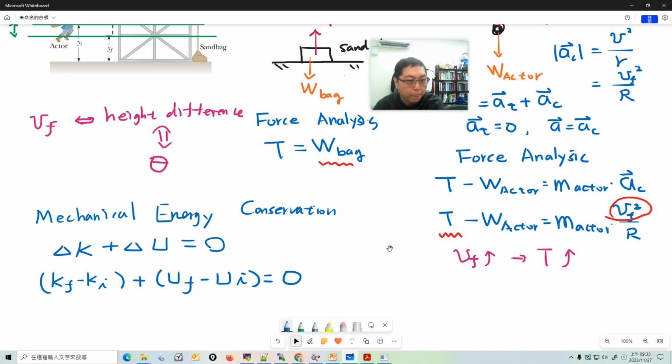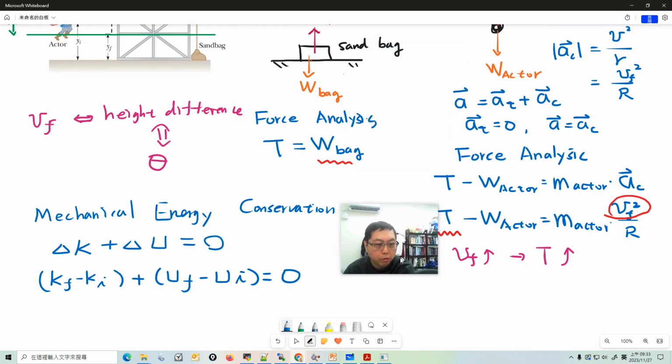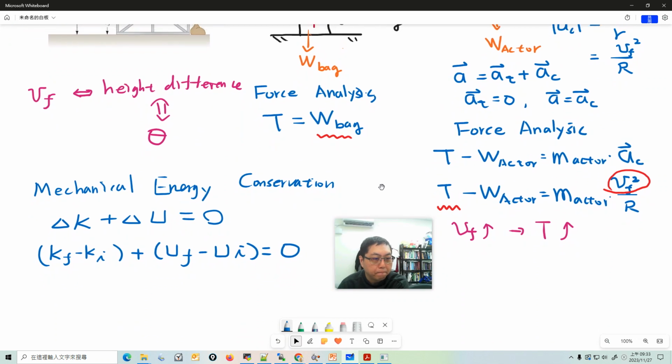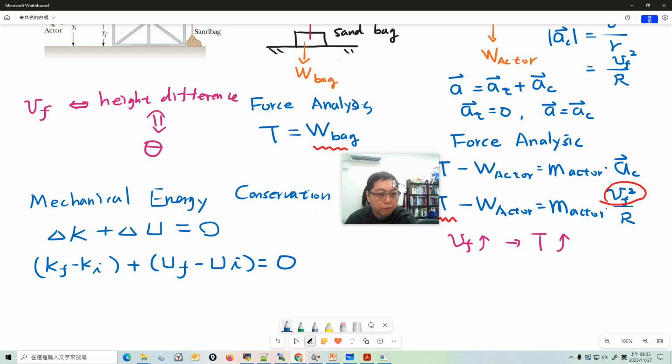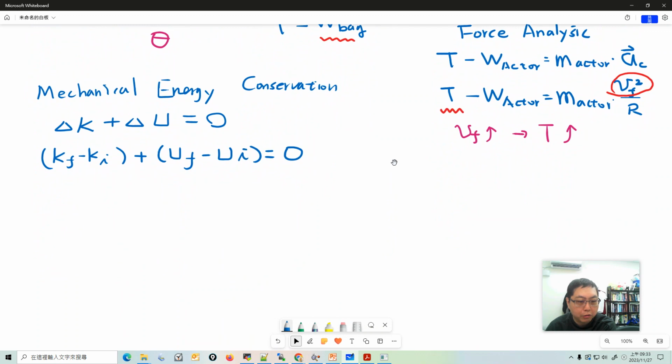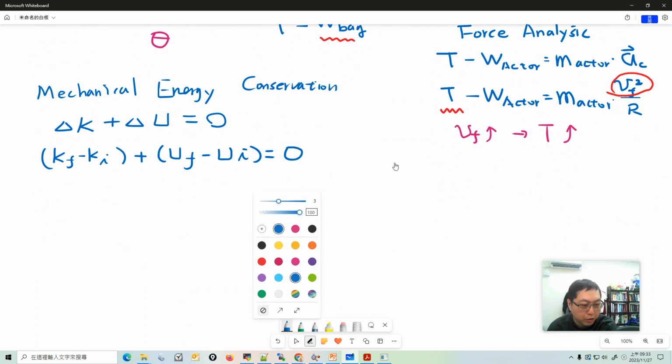So for this mechanical energy problem, let's list our information for the initial state and final state. For such a problem, we need to list the initial state and final state information.